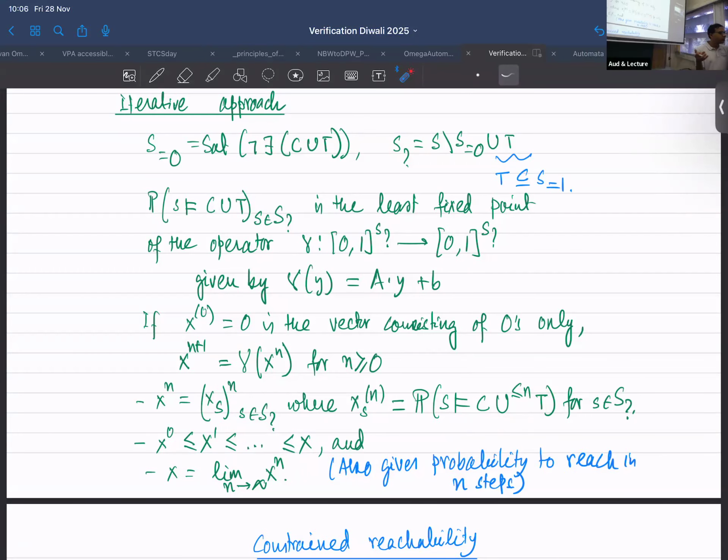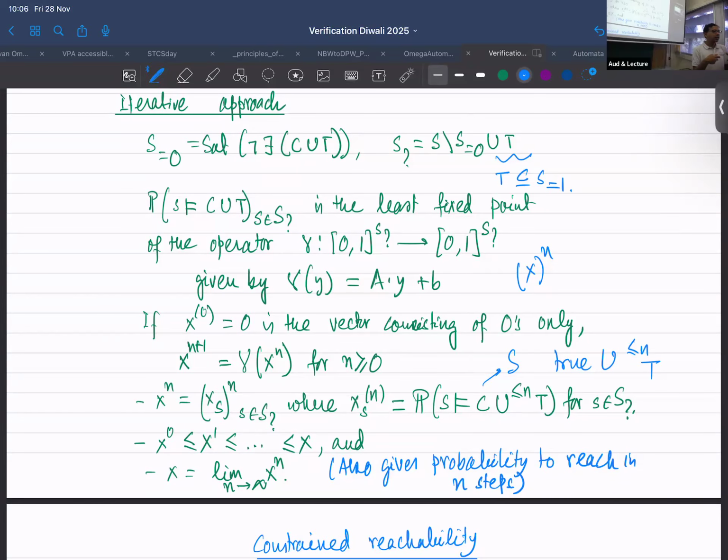Okay, let's simplify it. Maybe our C is just that S, so it's like true until less than n T, eventually in less than n. All I'm trying to say is, how am I getting the xn? I start with x0, which is the zero vector, and I apply the gamma on that vector n times.